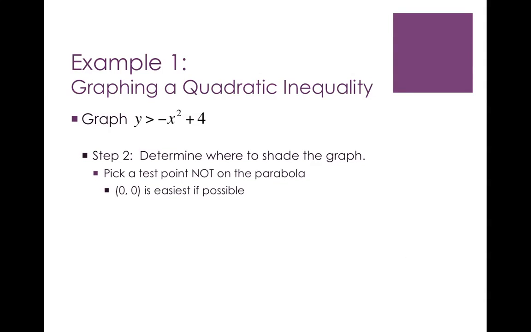So again, probably the easiest way to do this is to pick a test point that is not on the boundary, so not on the parabola. And (0, 0) is still the easiest point to test if possible, if it's not on our boundary line. Then I shade according to the results of the test point. If it's true, then that's the section I'll shade. If it's false, then I'll shade the other section.